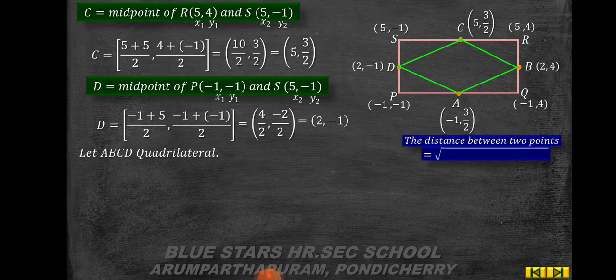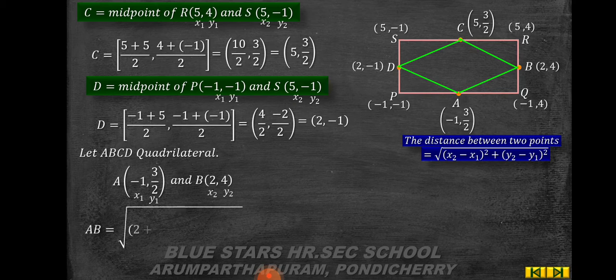The distance between the 2 points formula is root of x2 minus x1 the whole square plus y2 minus y1 the whole square. Therefore, the point A is minus 1 comma 3 by 2 and B is 2 comma 4. We are going to use the distance formula. We know the coordinates x1 y1 and x2 y2.